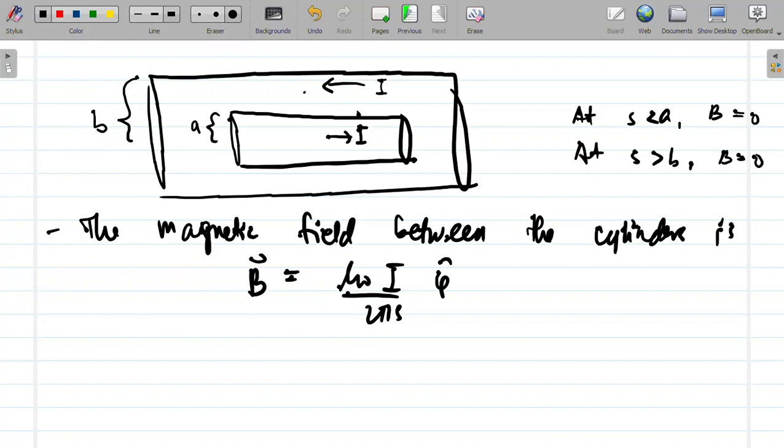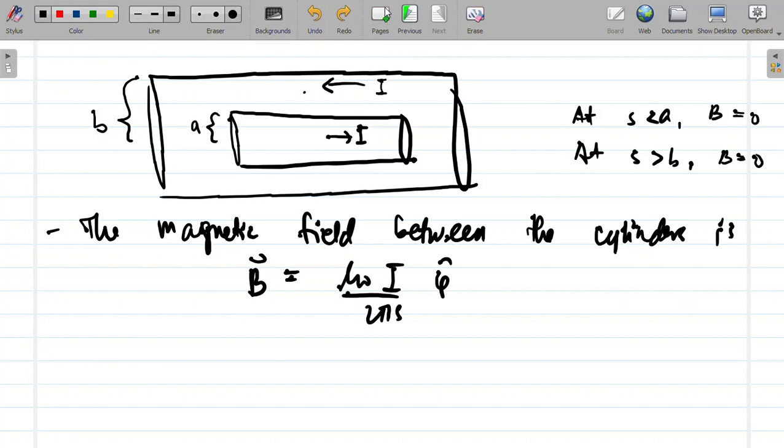Kasi ang I enclosed mo ay I. So, B times 2 pi S equals mu naught I. And therefore, B equals mu naught I over 2 pi S. Bakit phi hat? Circumferential. Kasi, yung ating current ay diretso lang along Z. Di ba? So, ito yung Z natin na inikot natin yung cylindrical axis. So, bale, yung cylindrical coordinate system, inikot lang natin. So, phi hat yung kanyang direction.